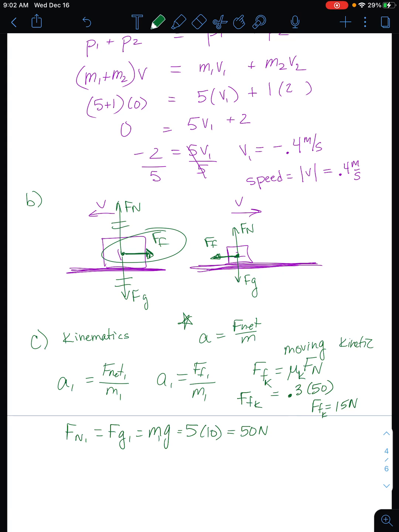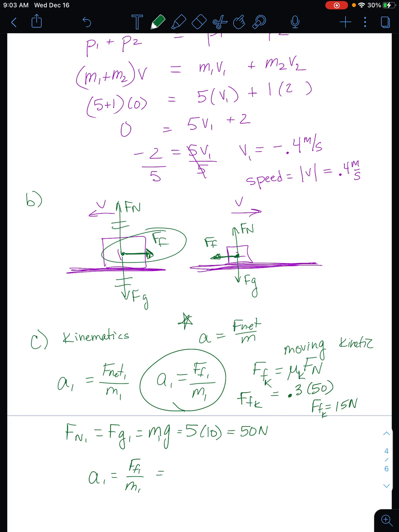And so that's how much friction is acting on block 1. And so to find the acceleration of block 1, we said we were going to use this equation right here: that the acceleration of block 1 is equal to that net force of friction divided by the mass. So I'm going to take that force of friction and divide it by the mass.